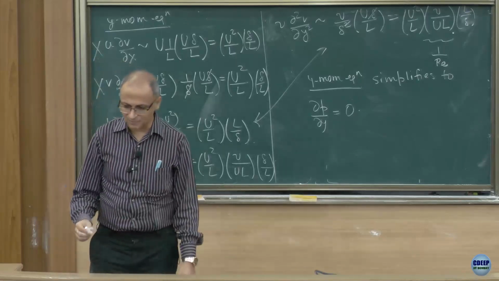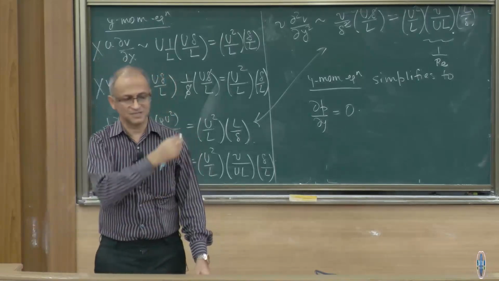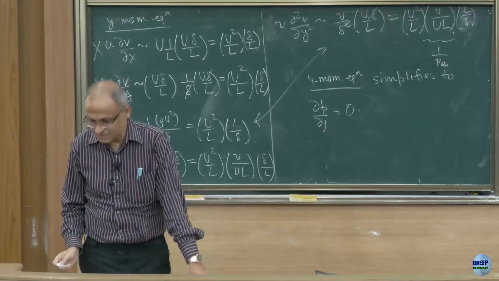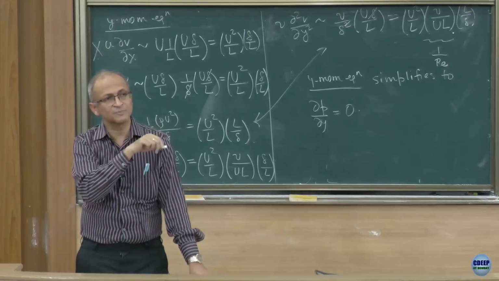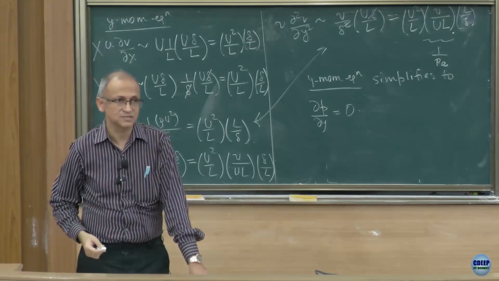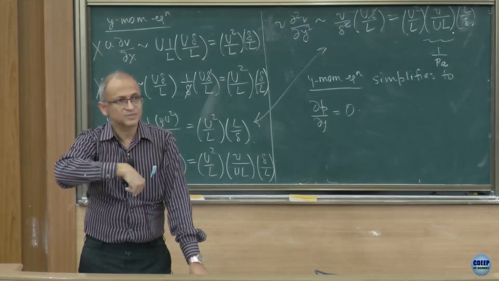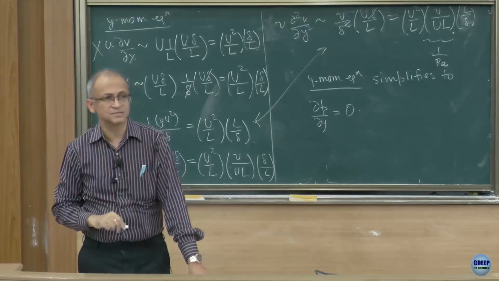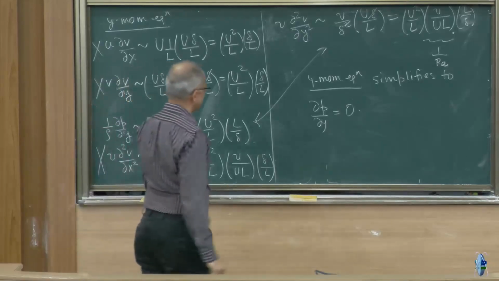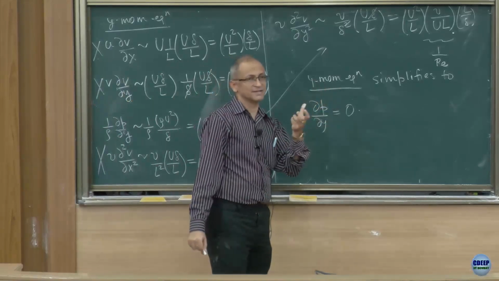Why does it scale this way? We had seen this in the previous case; I did not emphasize it enough. Pressure we divided by rho u square, and rho u square was essentially coming from the left hand side. Then we wrote it as the Euler number, which is typically taken as 1. That's why the pressure difference always scales as rho u squared.